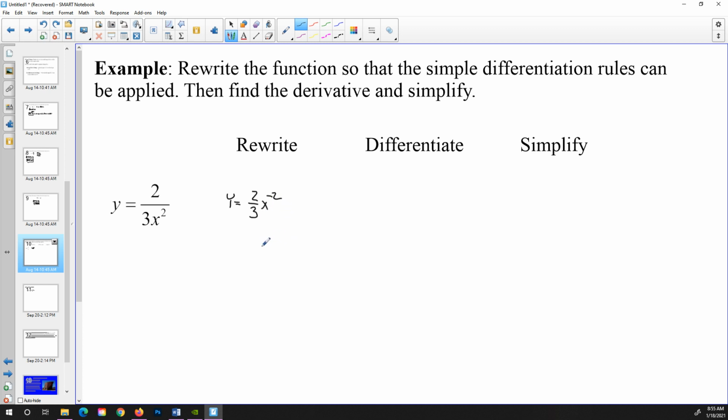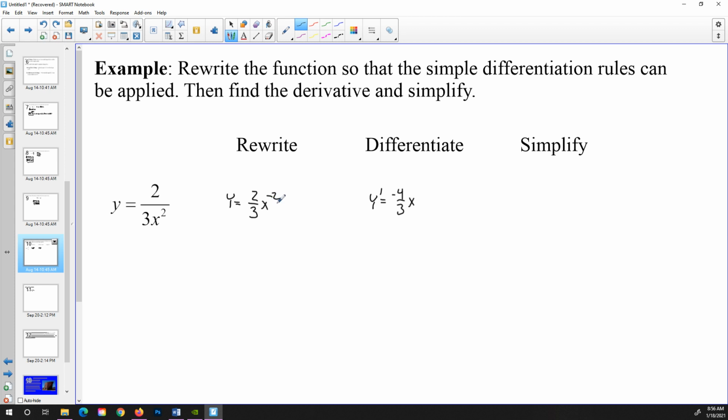Now I can use the simple power rule on it and say that y prime is going to be equal to, again, I'm going to take the 2, I'll bring it down in front. So negative 2 times 2/3 will be negative 4/3. It'll be x, and then again we're going to subtract. So even though it's negative, we're subtracting.